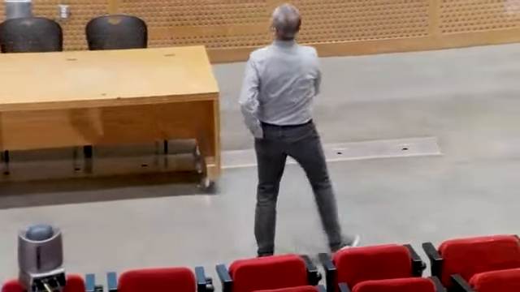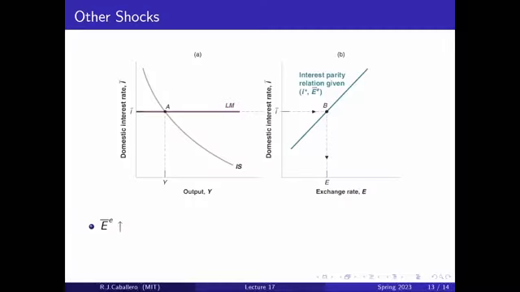Yes, because for the same interest rate, now I need the current exchange rate to move 1 for 1 with the expected exchange rate. So this was the exchange rate before, and now the expected exchange rate moved to the right. Well, in order not to generate expected capital gain or loss, I have to move the current exchange rate by the same amount. And so that means this curve will shift to the right.